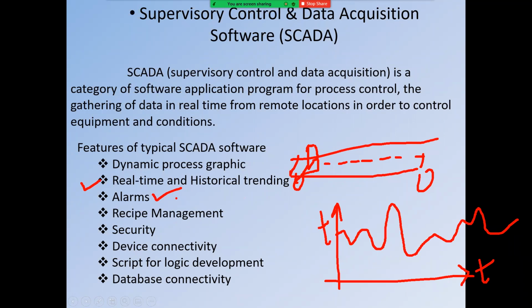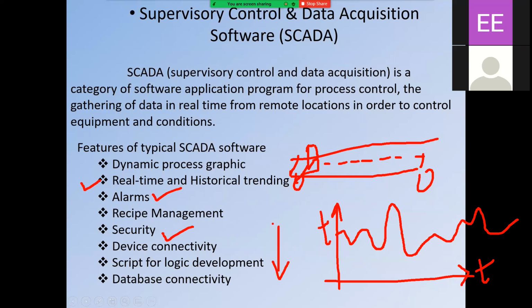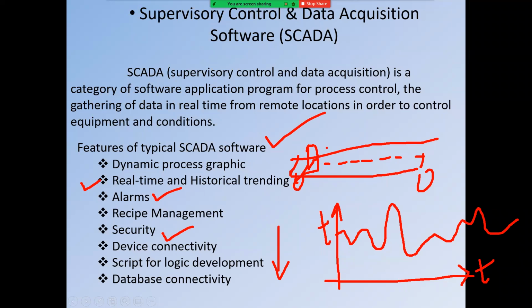It will start the annunciator, and then it will tell me which actions you have to perform for certain alarms. If my temperature goes beyond a certain limit, then you need to take this action, and that action will be told by the SCADA screen. Okay, then security management, then database connector. Whatever things we are seeing here, all these things we can see on SCADA software.